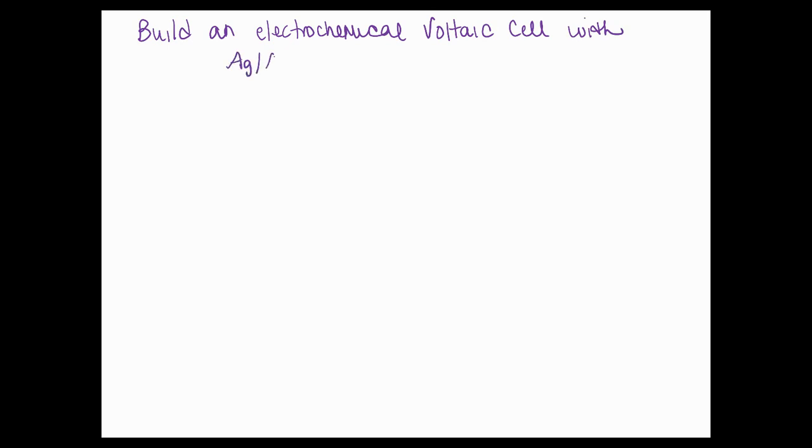Okay, so let's say we want to build an electrochemical cell, a voltaic cell, with silver and let's do iron 2. Okay, so the numbers from your chart that you wrote down look like this.